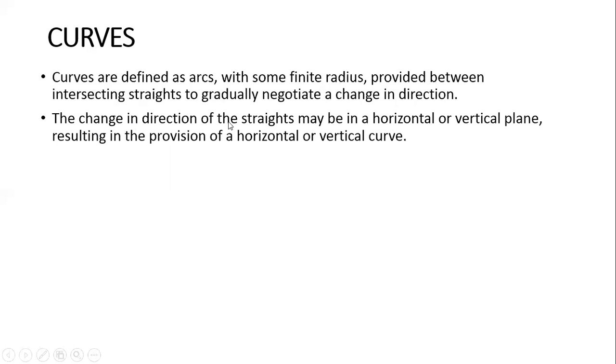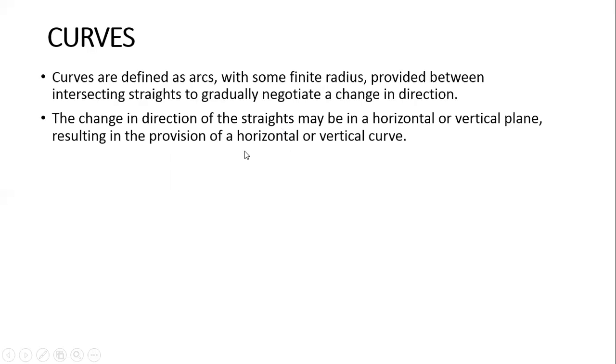This change in direction of the straights may be either in a horizontal plane or in the vertical. If the change in direction is in the horizontal plane, then we call it a horizontal curve. If the change in direction is in the vertical plane, we call it a vertical curve.